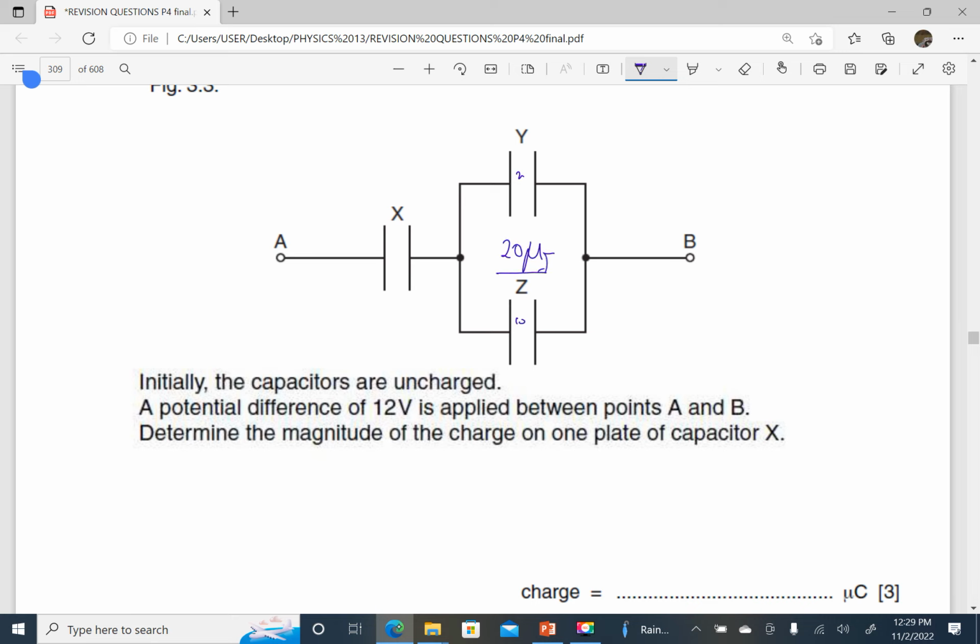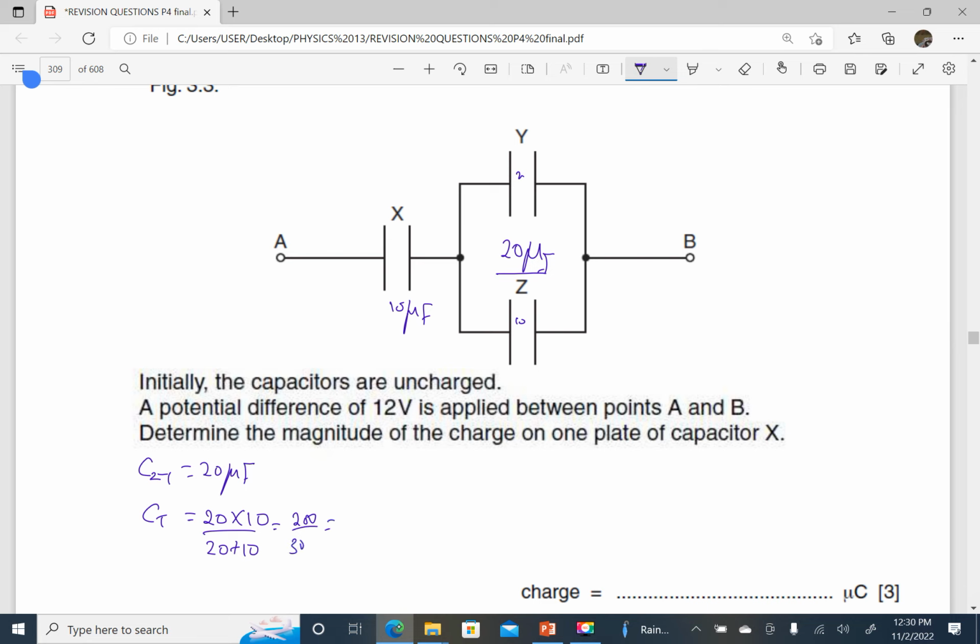20 microfarads is now in series with another 10 microfarads. So capacitance of Z and Y is 20 microfarads. So total capacitance is going to be product over sum. So that will be 20 times 10 over 20 plus 10, which gives us 200 over 30.